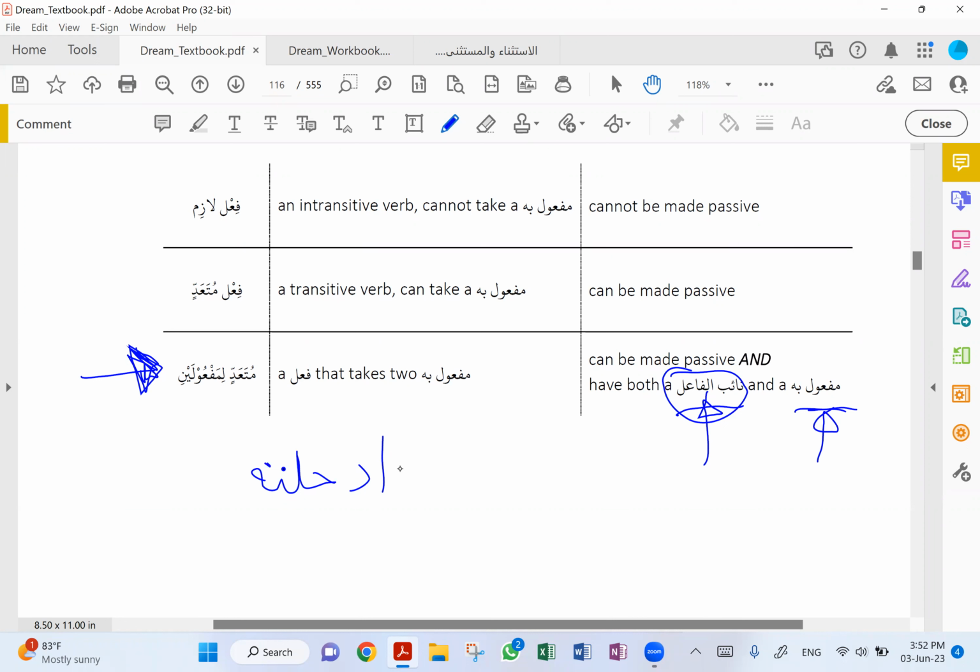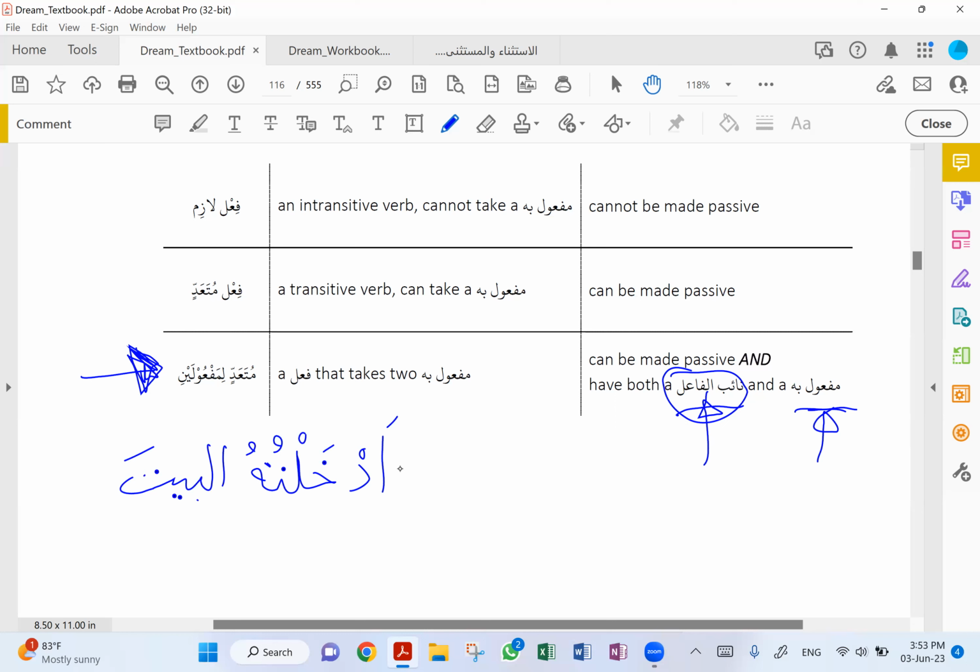We can actually take this example. So adkhaltuhu al-bayta. We can say that. If you just want to remove the huwa here, adkhaltu, what would that mean? I made enter. It won't make any sense.